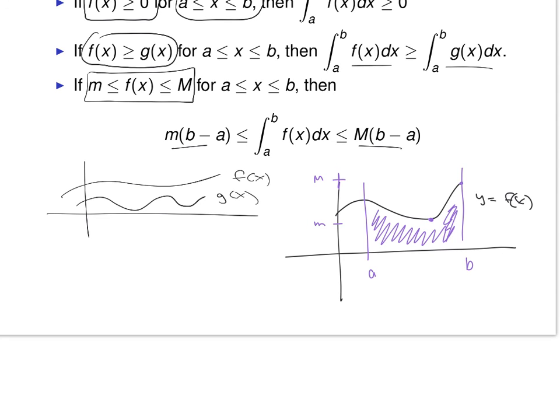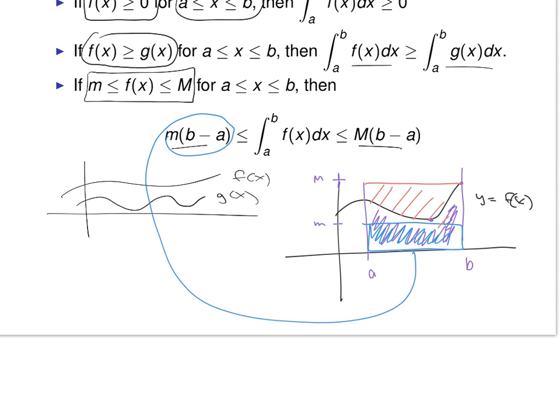Now what this inequality says is that that area has to be bigger than that box. Do you buy that? That box is this area, right? And smaller than the box where you take the height to be the highest point, and that's that area.